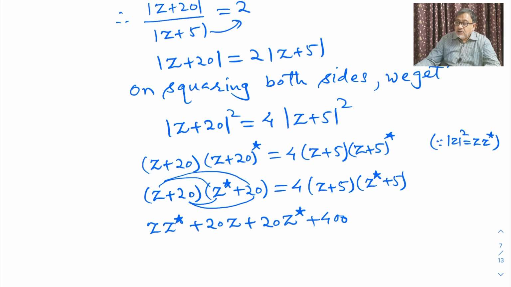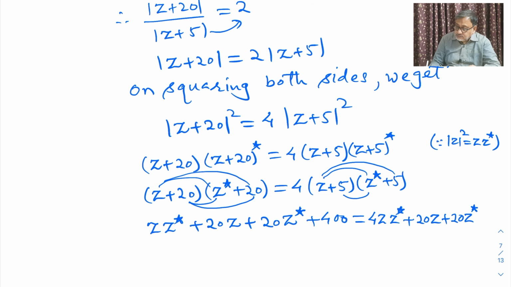Now after that I will simplify the right hand side also. So z into z conjugate with 4 is 4 z z conjugate, then 5z into 4, 20z, then 5z conjugate into 4, 20z conjugate, and 5 into 5, 25 into 4, 100.